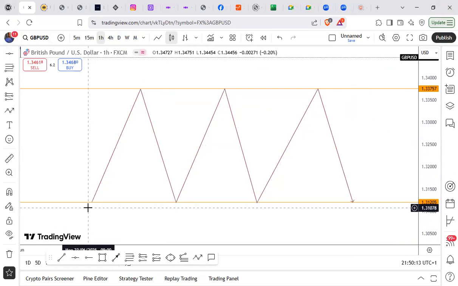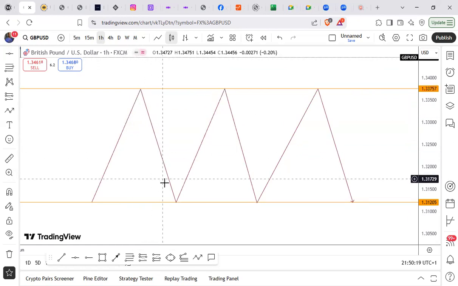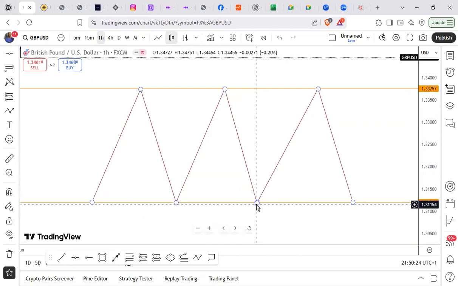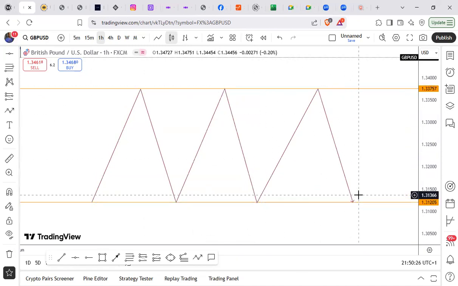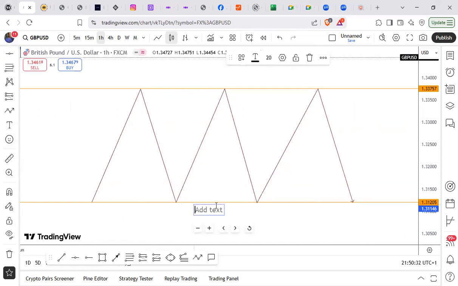What happened? Something from here bounced up, came here, bounced back down, came here, bounced up, came here, bounced back down. So now, think of this thing like this. This is your floor, and this is your ceiling.